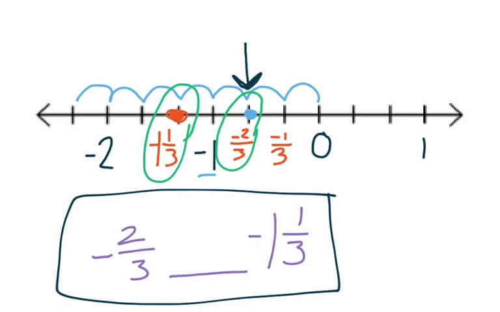So when I look at the 2 numbers in our comparison here, I know that -1 1/3 is less than -2/3, so when I go and put my symbol in, it's going to look like this. And then we would read this statement: -2/3 is greater than -1 1/3, and we can justify that and say on a number line, -1 1/3 is to the left of -2/3.